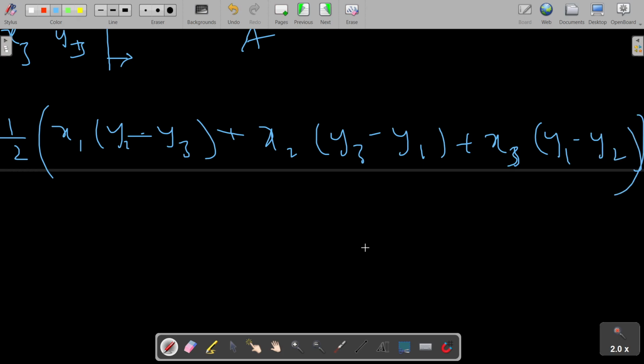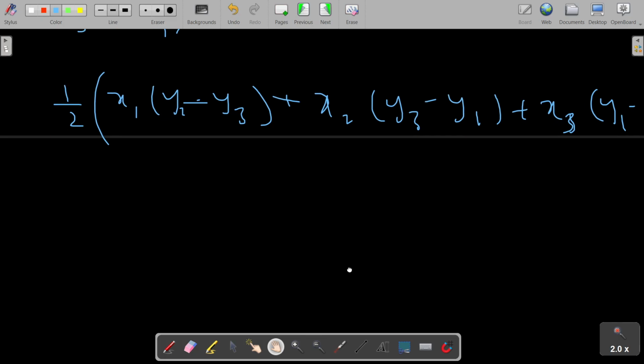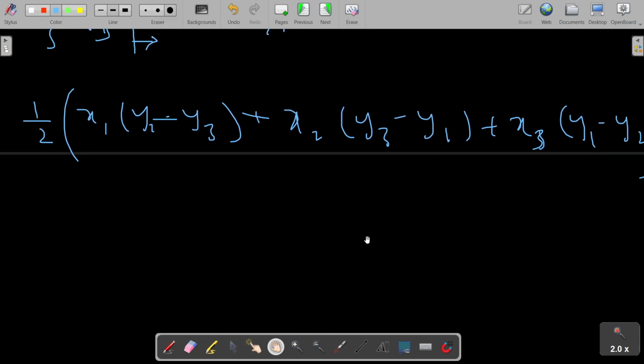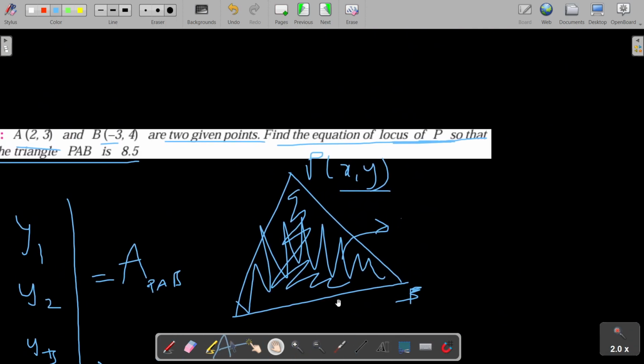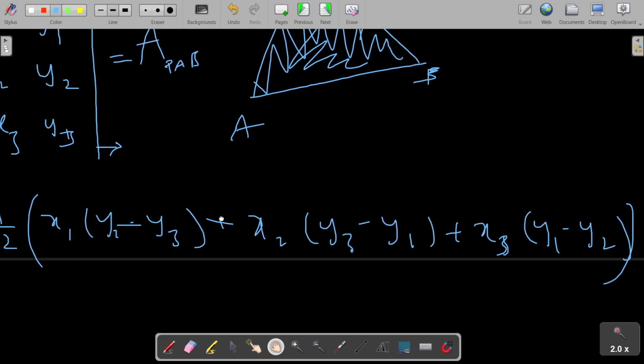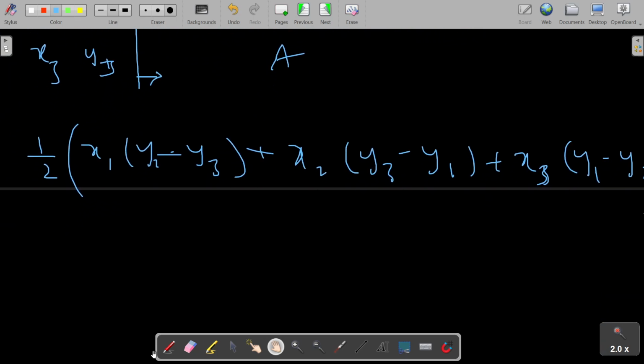This is the old textbook formula, or we can use the determinant. Both are the same. So let's substitute into this formula.